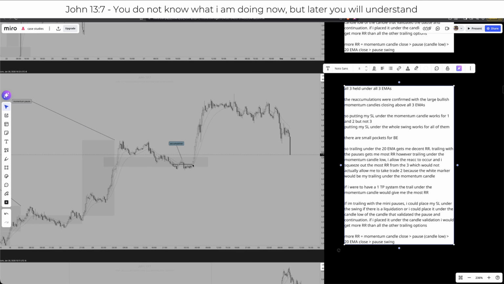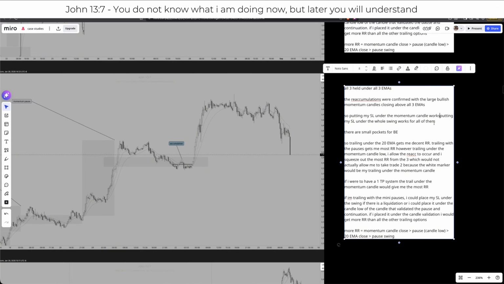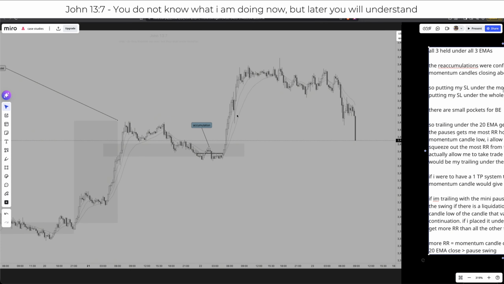Bullish candle, so confirm a large bullish candle closing above all 3 MAs. Putting my stop loss under the momentum candle works. Swing works. There are small pockets for break even.